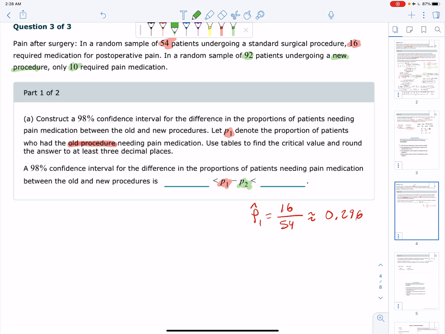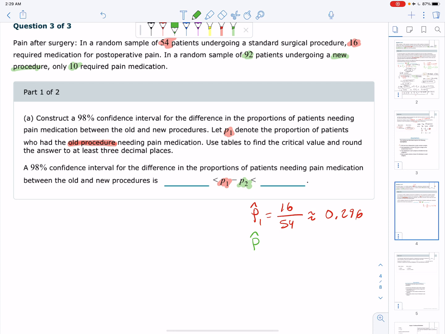Now I need my sample proportion for my second sample. Only 10 needed pain medication out of 92, from my new procedure, and that's approximately 0.109.